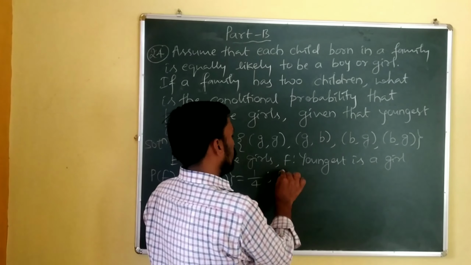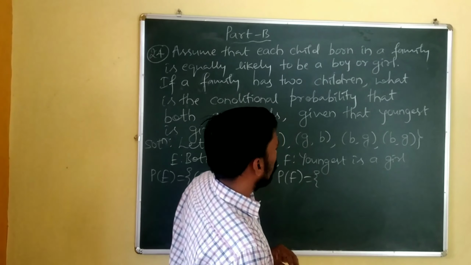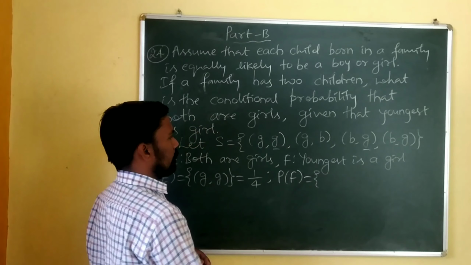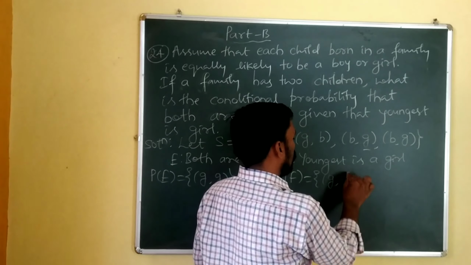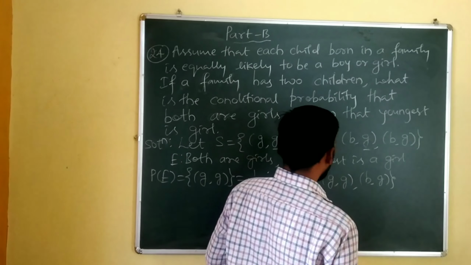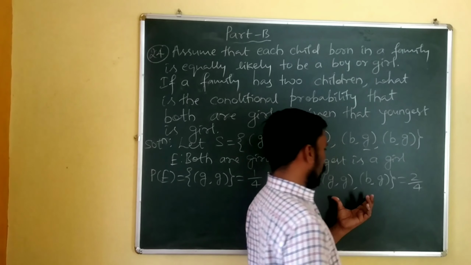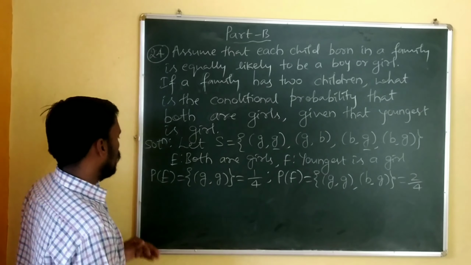And then P of F, the youngest is a girl, has 2 possible cases: girl girl and boy girl. Its probability is 2 by 4, since the favorable outcomes are 2 and the total number of outcomes is 4.